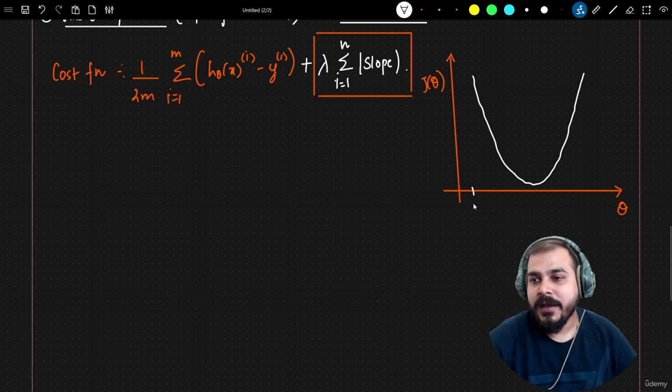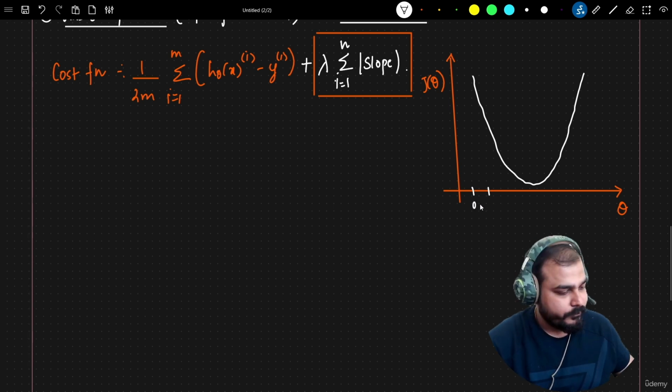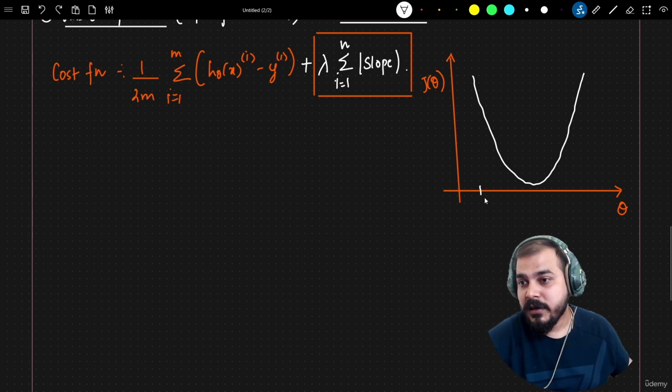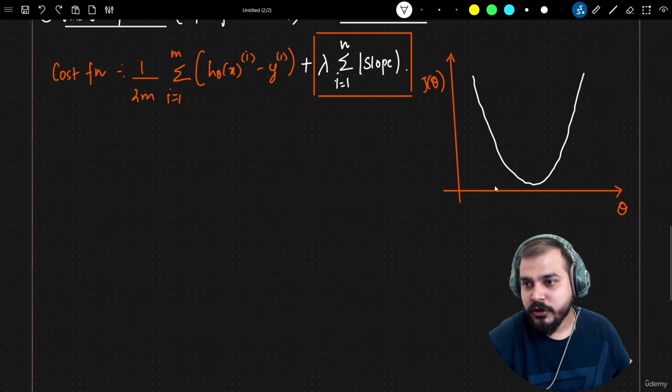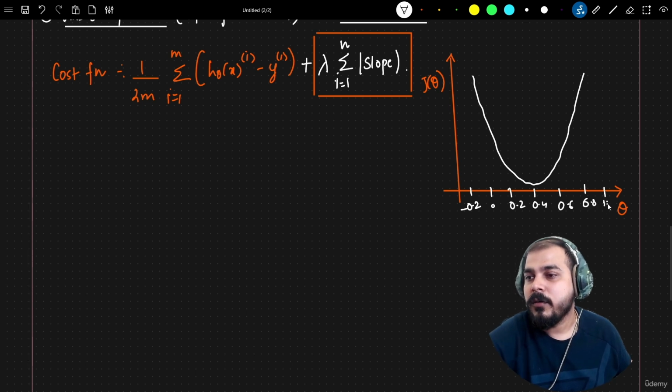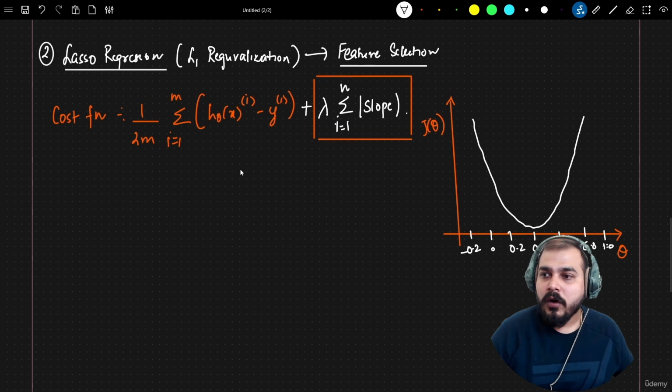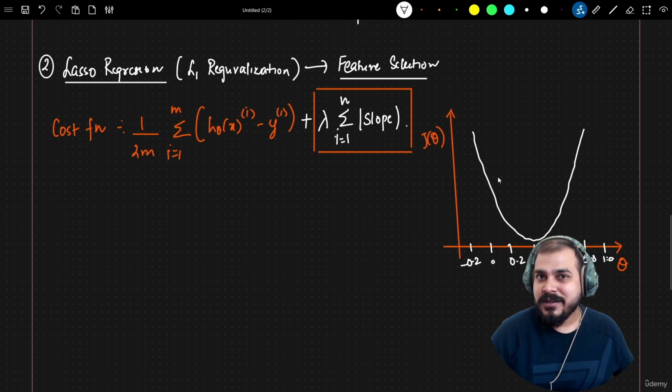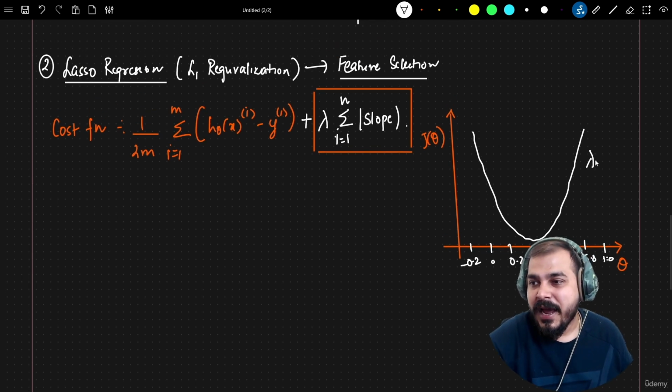Let's say this is 0, this is minus 0.2, and this is 0.2, 0.4, 0.6, 0.8, 1.0. If I draw this curve, it is called the gradient descent curve. With lambda equal to 0, I get this kind of curve, and this is obviously my global minima.